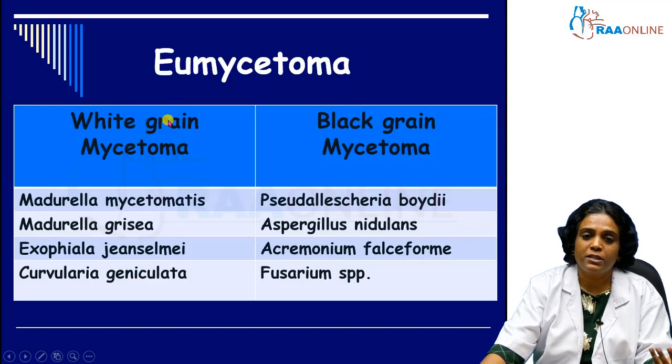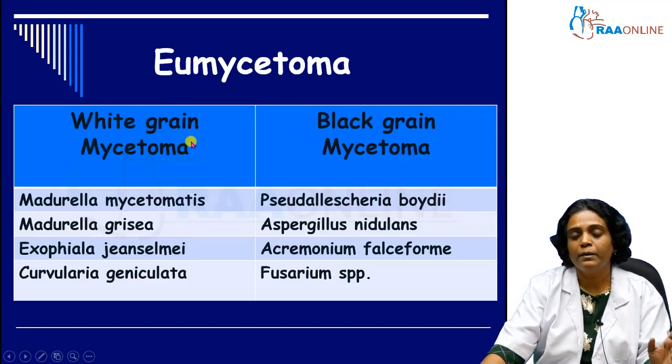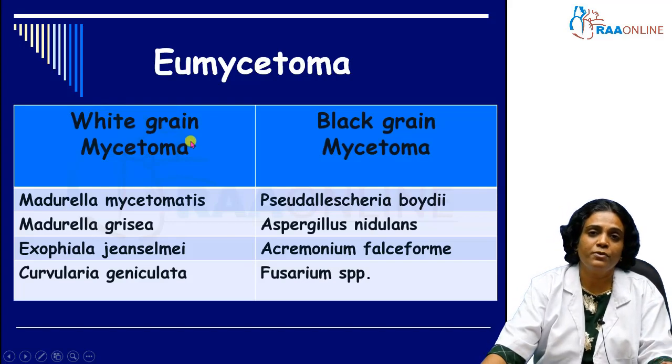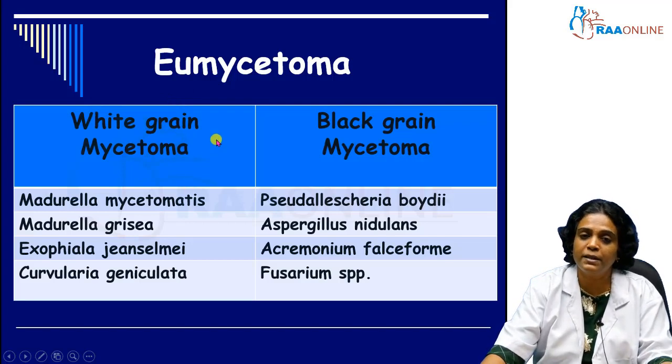So we saw the triad as the pathognomonic feature of mycetoma. One is the tumefaction, second is the presence of granules, third is the multiple discharging sinuses. So now what are these grains? These grains are nothing but the microcolonies of the infecting organism.